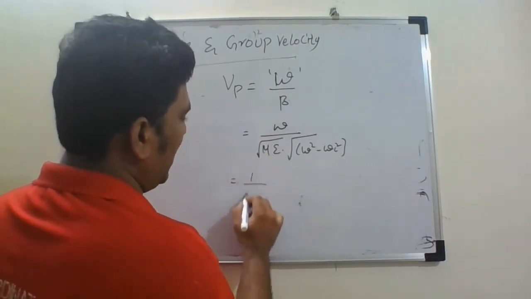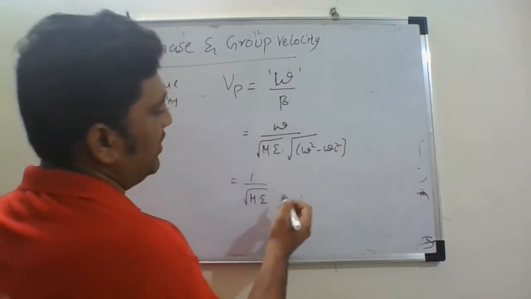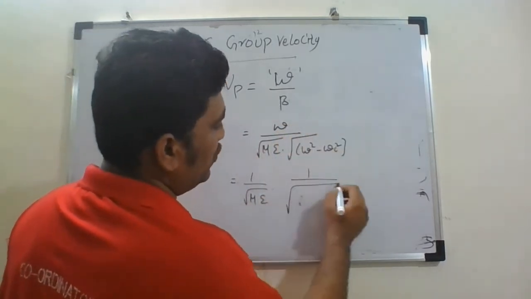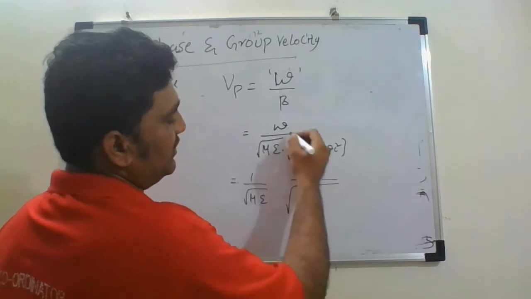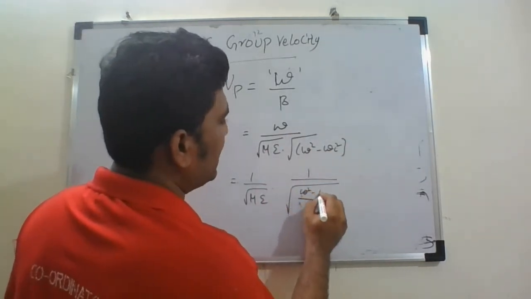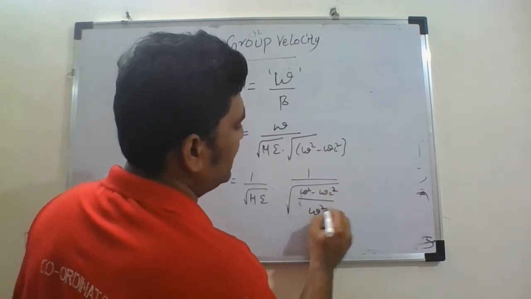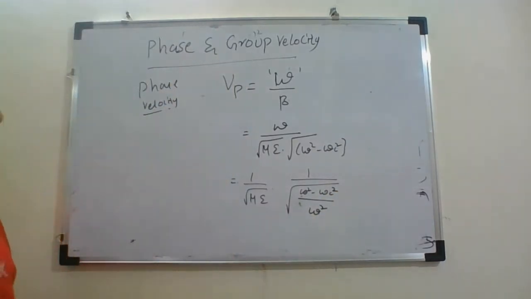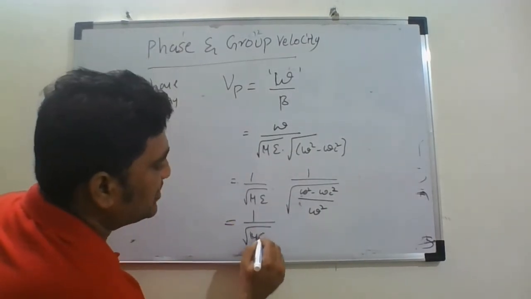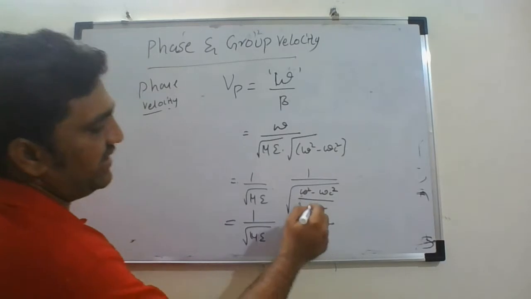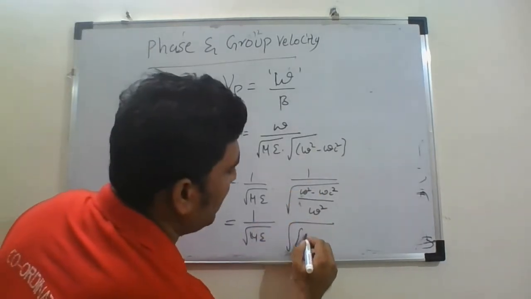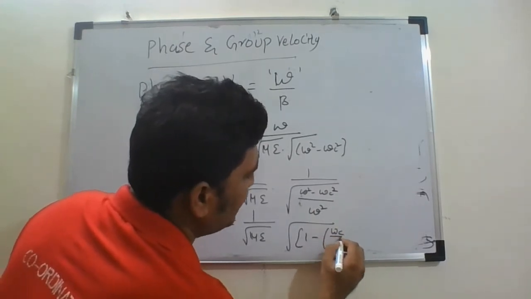So 1 by root mu epsilon I'll keep aside, and I take this omega down into the square root: omega square minus omega c square by omega square. If I cancel out omega square, I get 1 minus omega c by omega whole square.